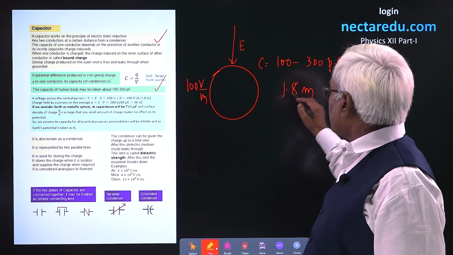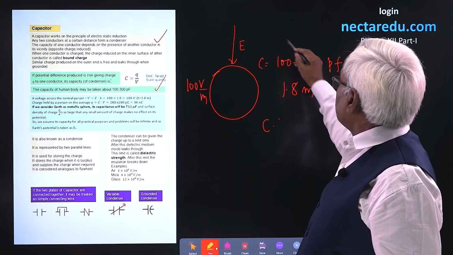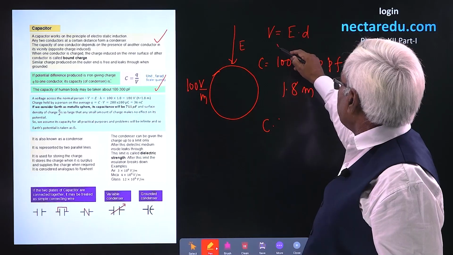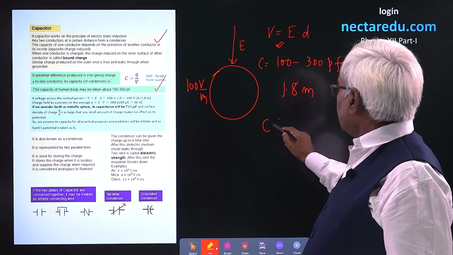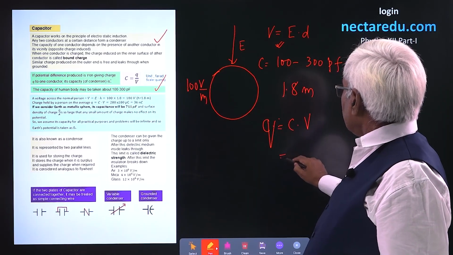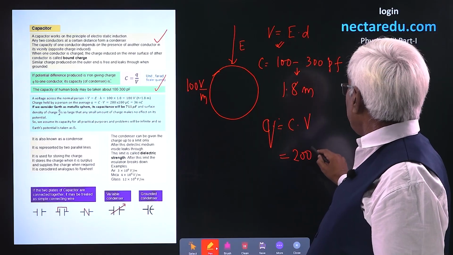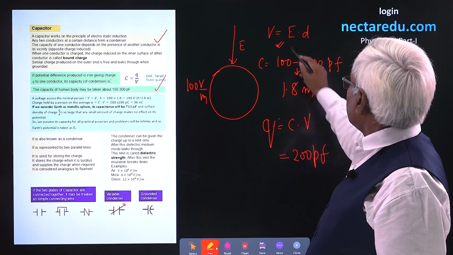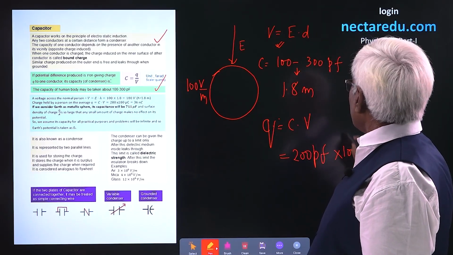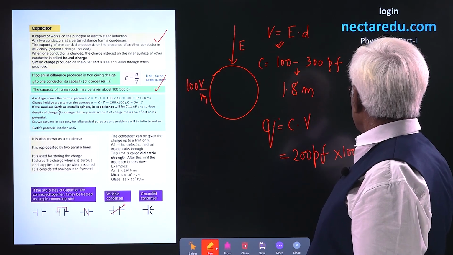If you consider this height, the potential difference you might calculate as E into D. This will be the potential difference, and Q is given by C into V. You take the average value 200 picofarad, and volt might be calculated by this formula: 100 and D is 1.8 meter.